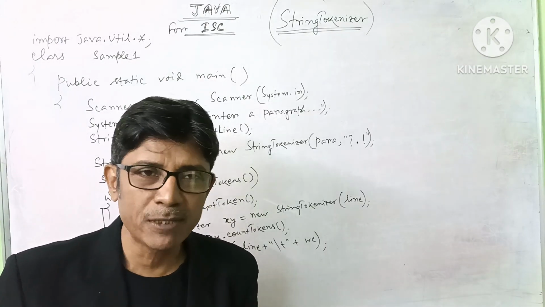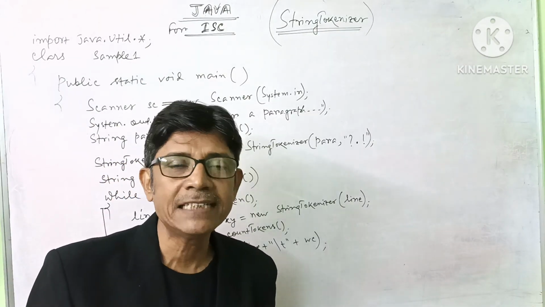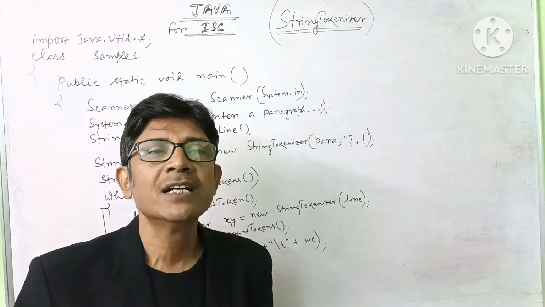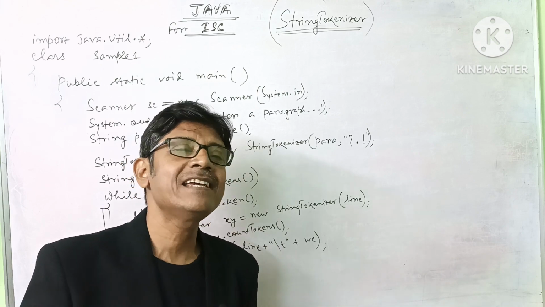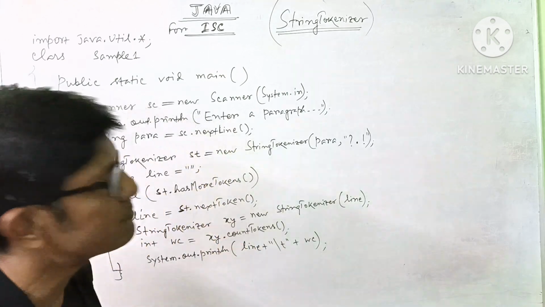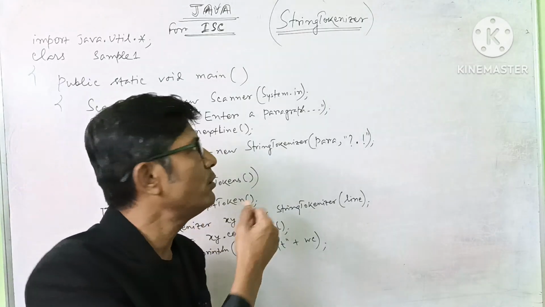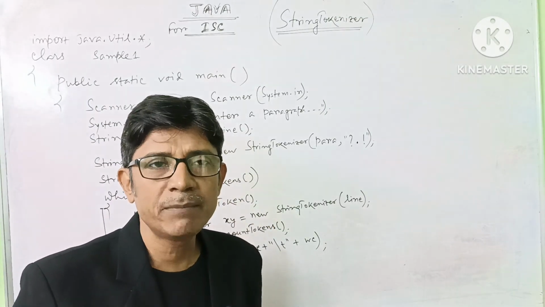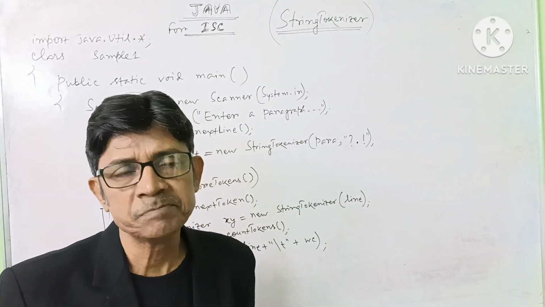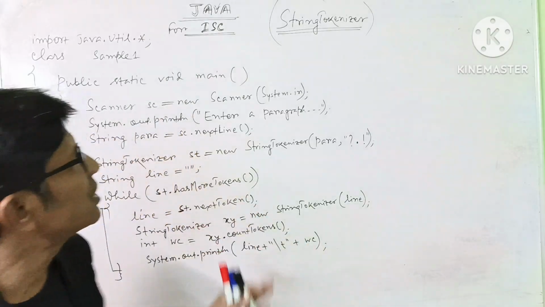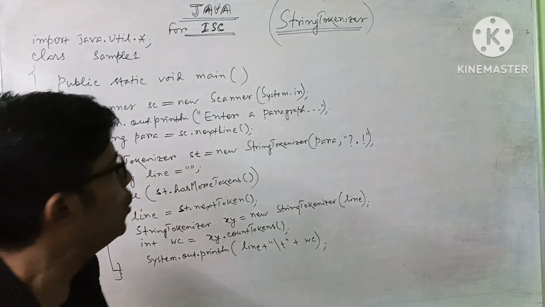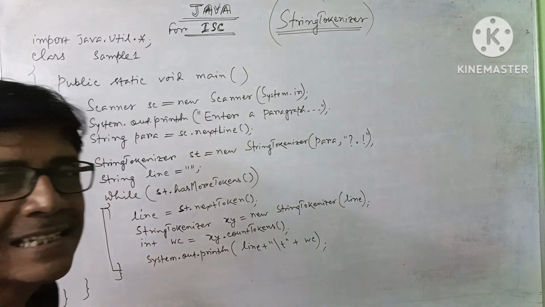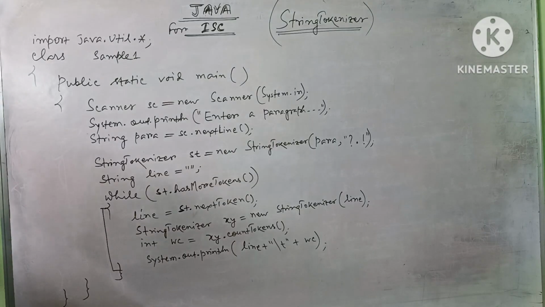You split sentence by sentence, or enter a line and split word by word. In ISC we don't use the split function, because it is not given in ISC, but this function is given. So you can apply this method. Okay, let's see what it is.